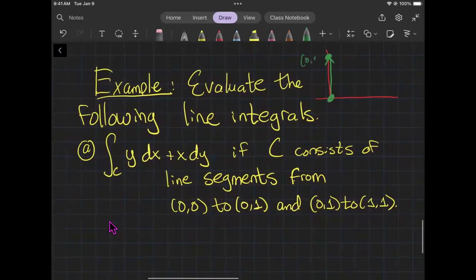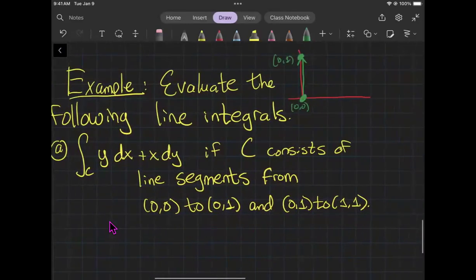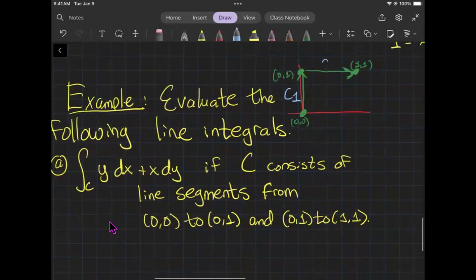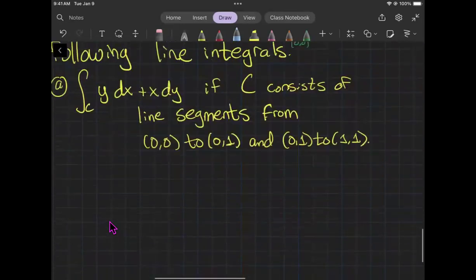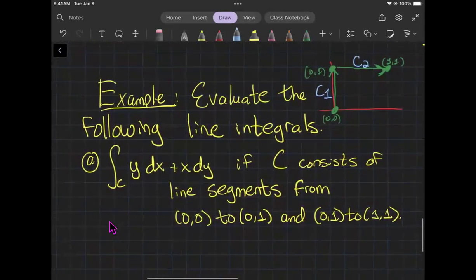So this is 0, 1, and the origin's here. And the line segment from 0, 1 to 1, 1. So here and then here. Okay, so this will compose of two curves, C1, this line segment, and this other line segment here, which we'll call C2. Okay, so try to work this out on your own and see what you get.